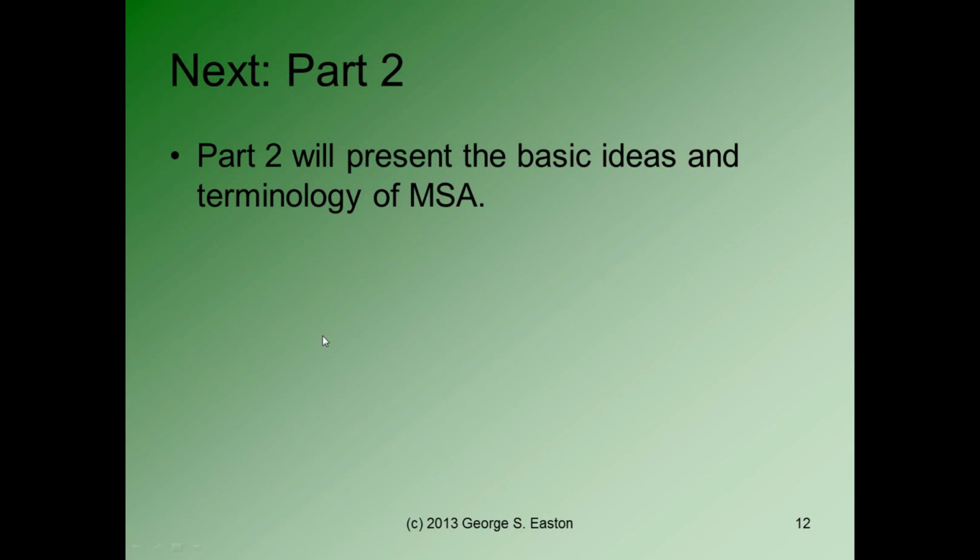So in summary then, in this introduction, I've presented the most basic, biggest ideas that have to do with measurement system evaluation. The first one is that the measuring instrument needs to be on target on average. That's the idea of bias. And the second one, which is more complicated for people, is that the measuring instrument needs to be precise enough that you can reasonably see differences or changes in the characteristic that you're trying to measure.